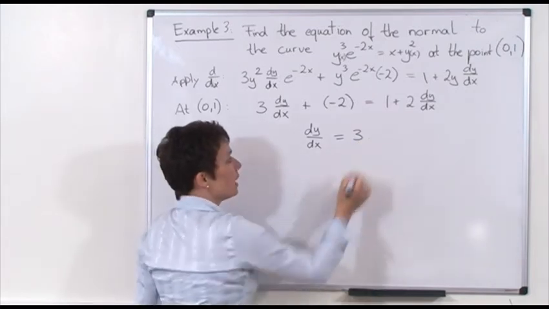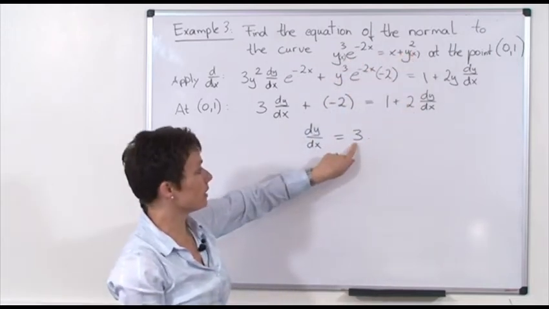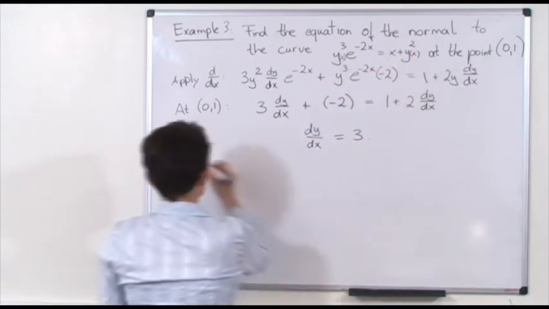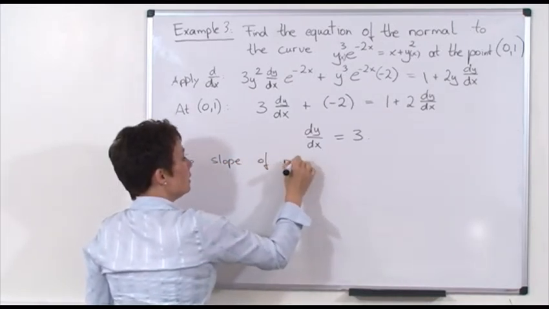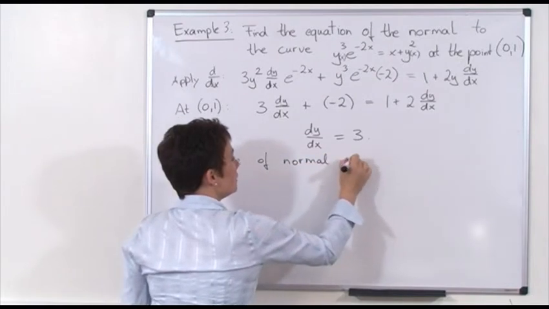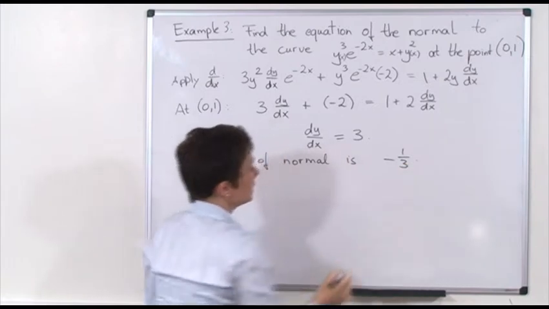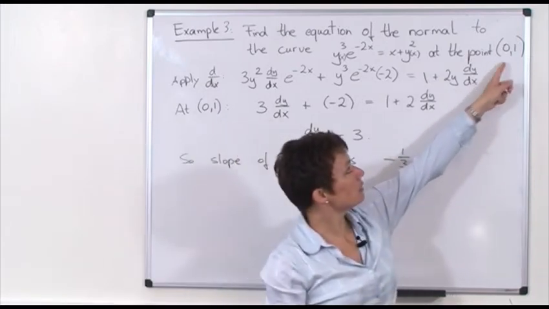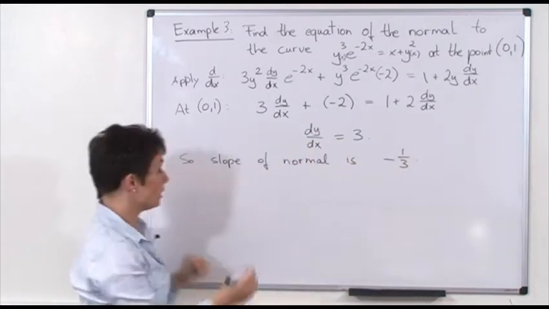So that's the slope of the tangent line, but we need the slope of the normal, which is the negative reciprocal of that number. So the slope of the normal is therefore minus 1/3. And since we know the line will go through the point (0, 1), we can right away write down the equation.